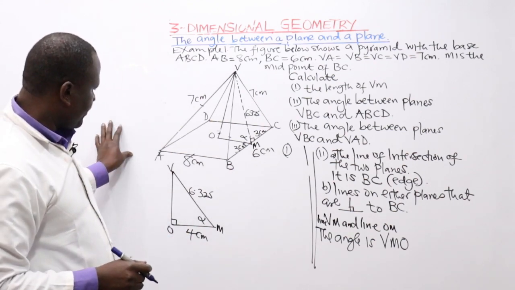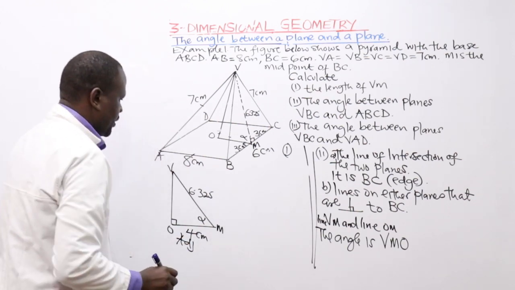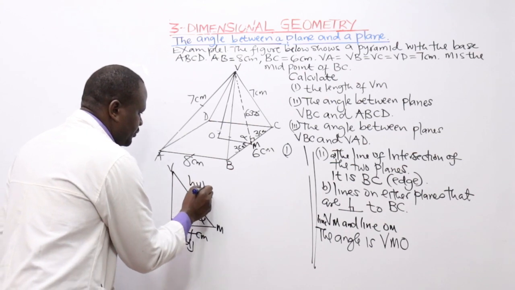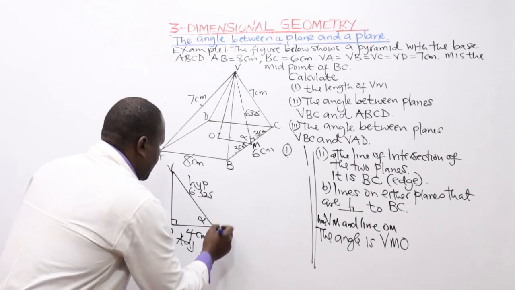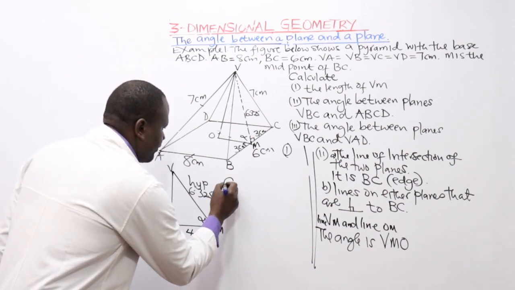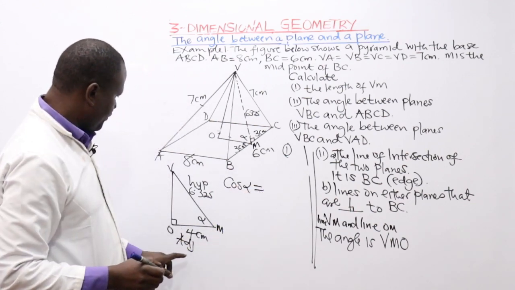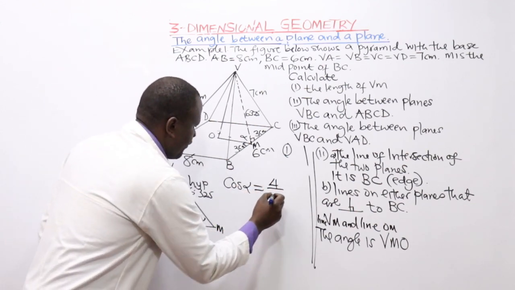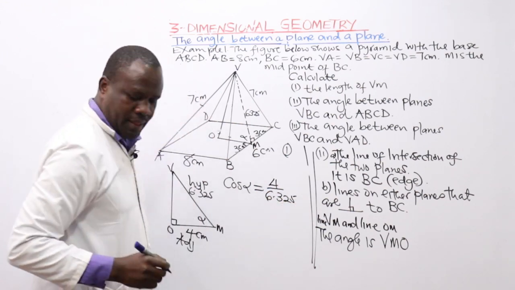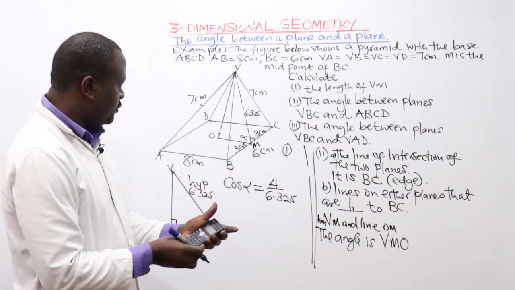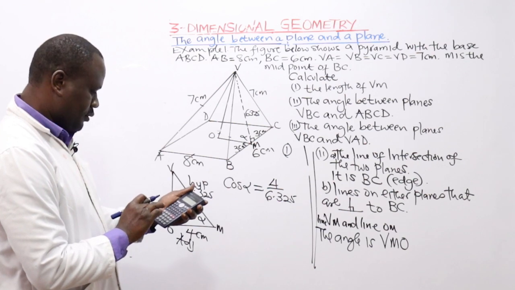Now, what is that angle therefore? This is the adjacent. This is the hypotenuse. It is the longest side. Therefore, we say this is cosine theta. Cosine alpha is equal to 4 over 6.325. Now, you take 4 divided by 6.325.